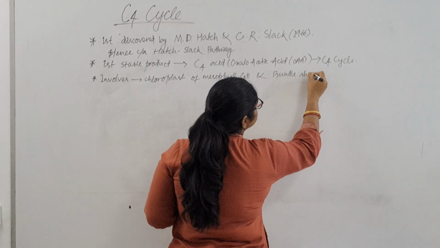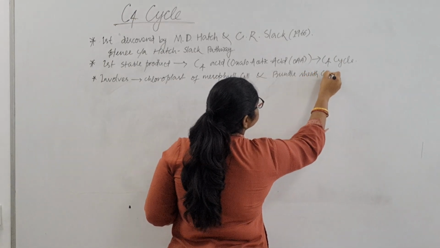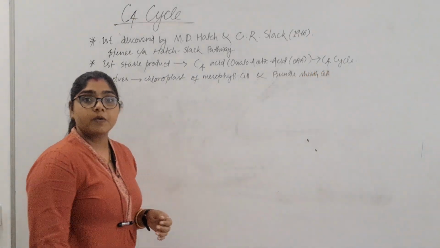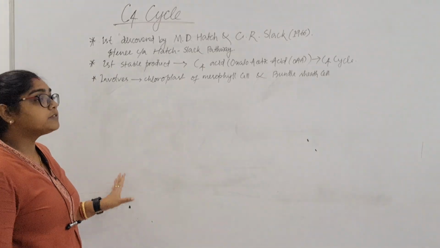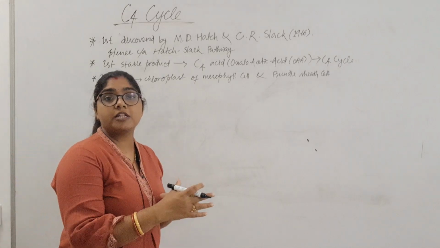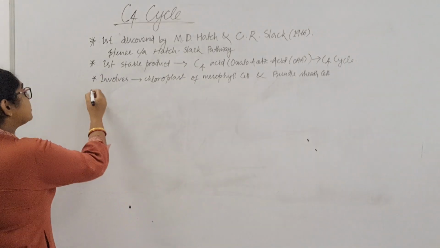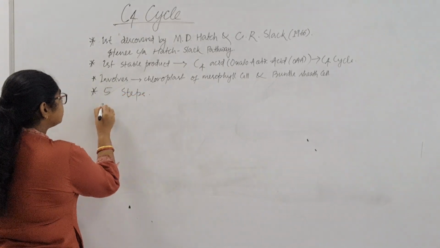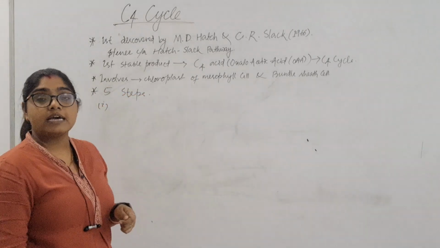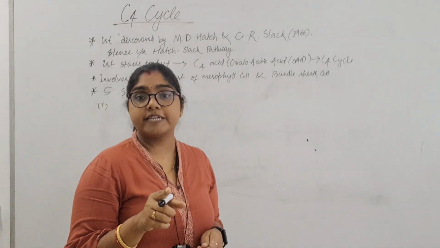Now, the whole C4 pathway involves 5 steps. So what are those 5 steps? As I said, the carboxylation process will take place twice.